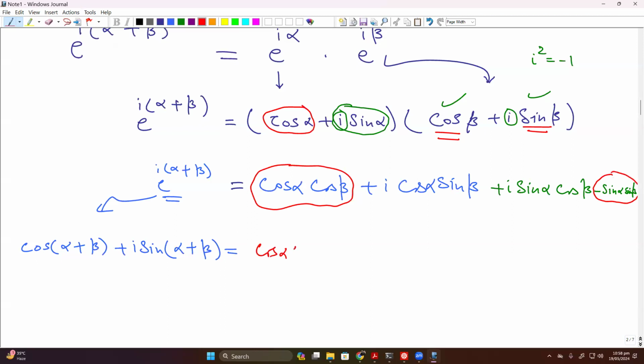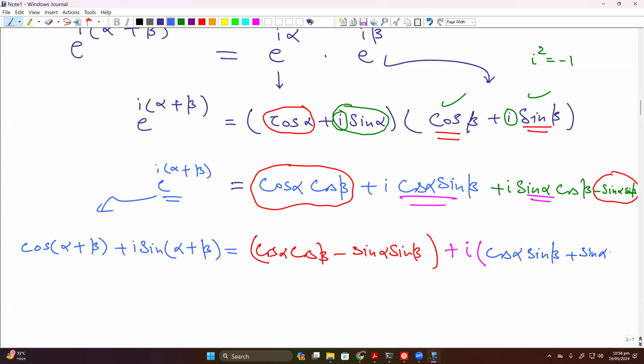This is cos alpha cos beta minus sine alpha sine beta. So this is one term. Now the other term, this term has iota, this term has iota. So I'm taking iota common, and this is actually a plus iota. And let's write this as cos alpha sine beta plus sine alpha cos beta.